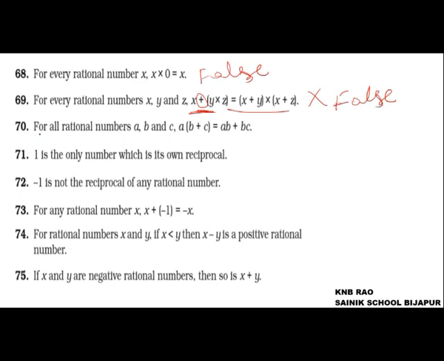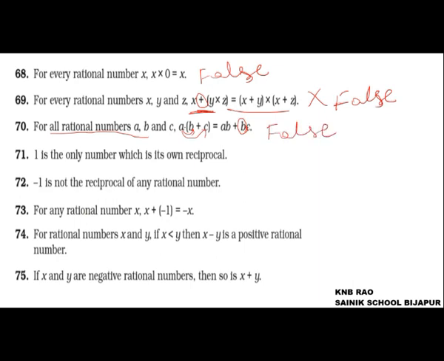Next, for all rational numbers a and b, c, a into b plus c, it is into. So it is distributed. A into b plus a into c supposed to be, but here is getting b. So this is also false.